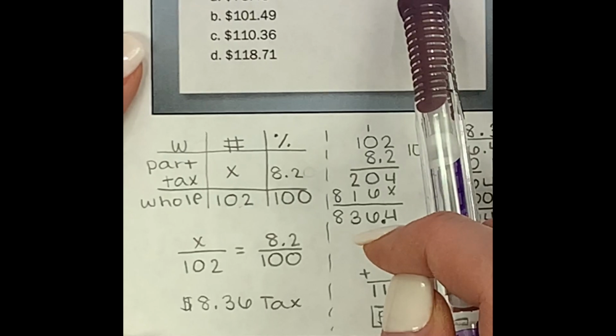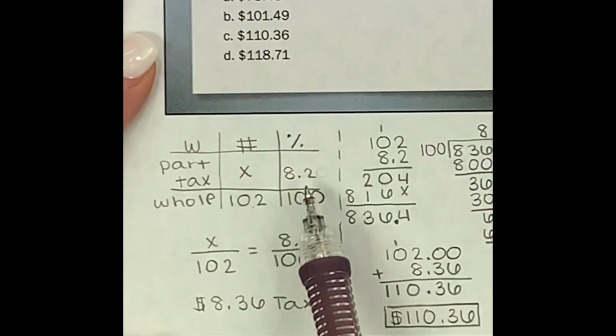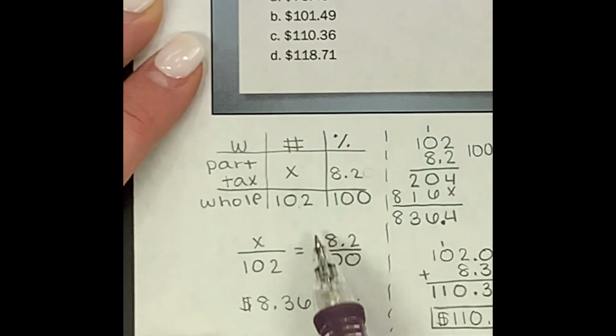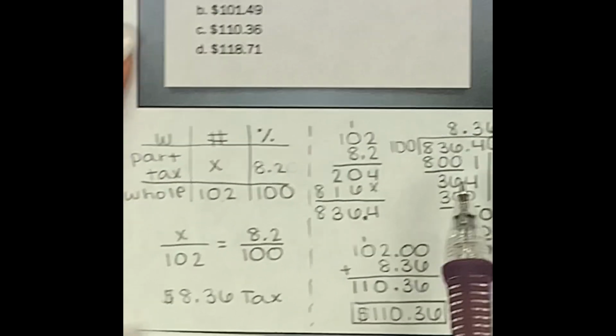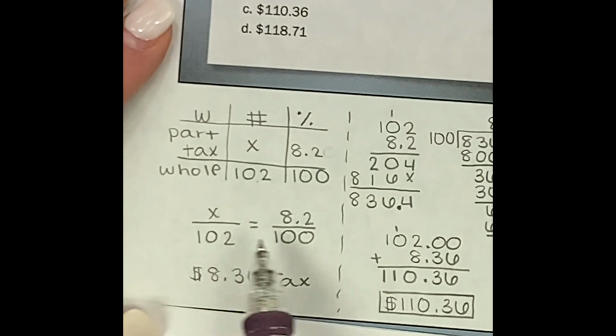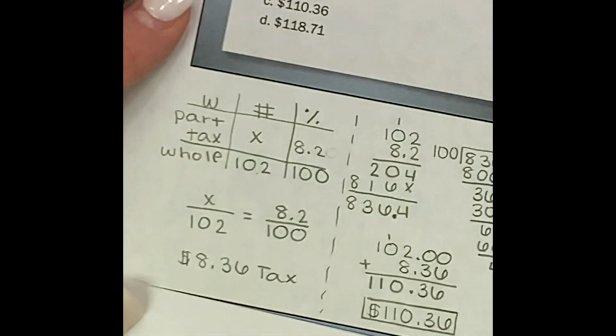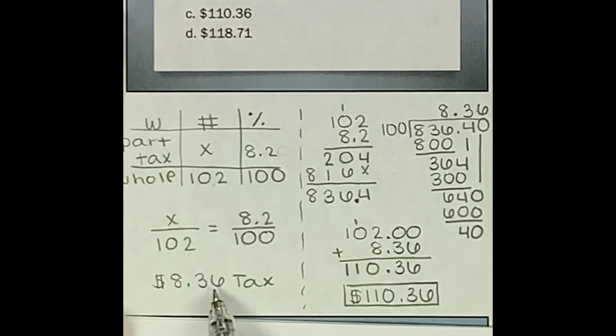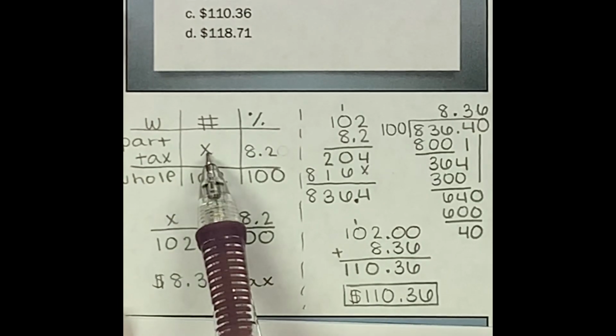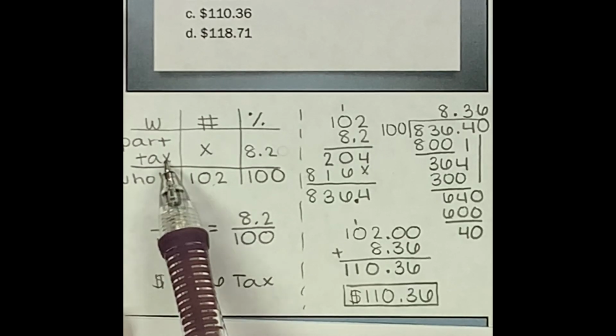And it said that it was 8.2% in sales tax, so I put tax. Over here is just all the math that I did. These are my steps. When I solved this W #%, I got $8.36. That goes here. The word that describes it is tax.